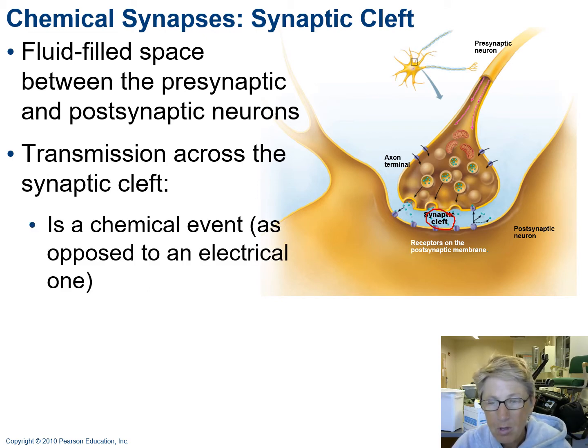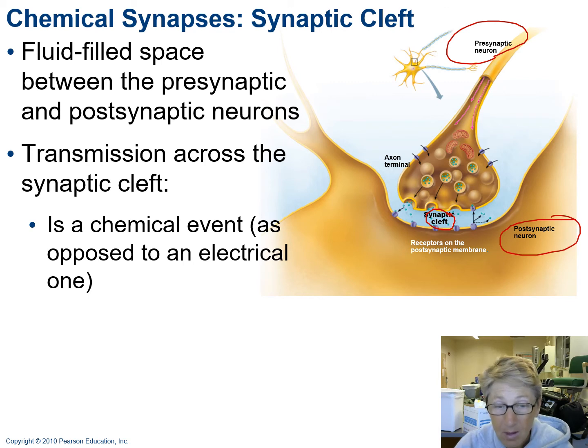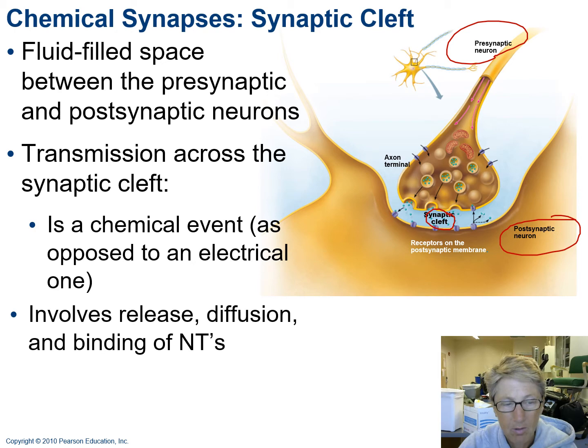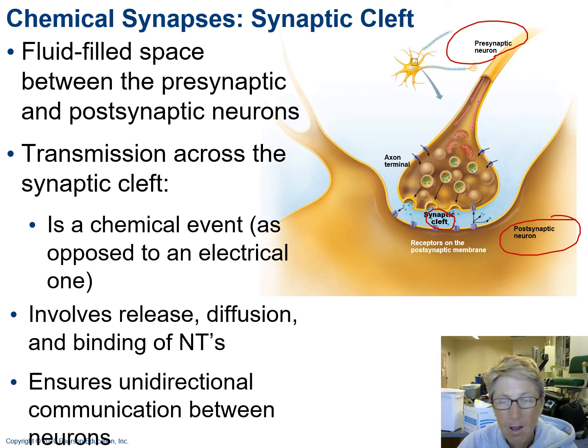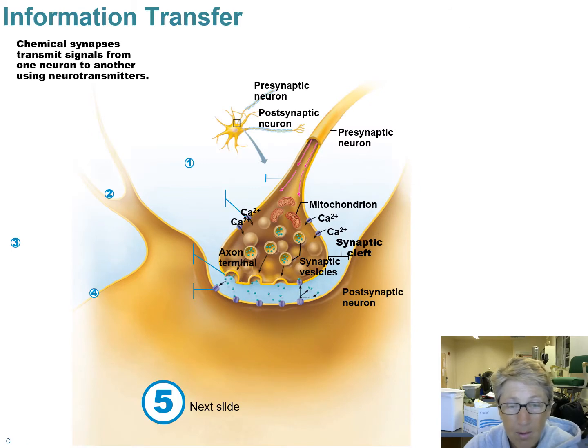The transmission of the signal from the presynaptic neuron to the postsynaptic neuron is a chemical event because the neurotransmitter is a chemical, and that's how you communicate between the pre and postsynaptic neurons. Mother Nature set it up this way because it ensures unidirectional communication between neurons, so that the communication is going from the presynaptic neuron to the postsynaptic neuron and not the other way around.